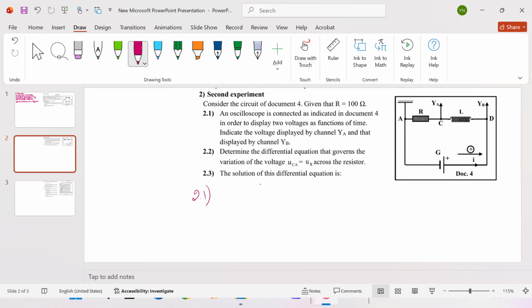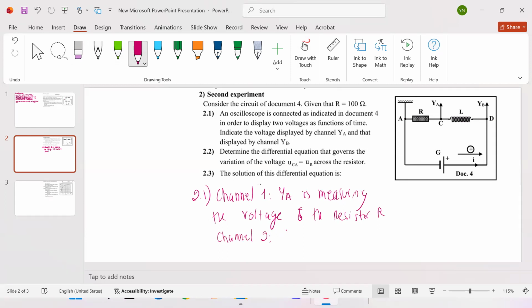So 2.1, channel 1, which is responsible for YA, is measuring the voltage of the resistor R. And channel 2, YB, is measuring the voltage of the generator.